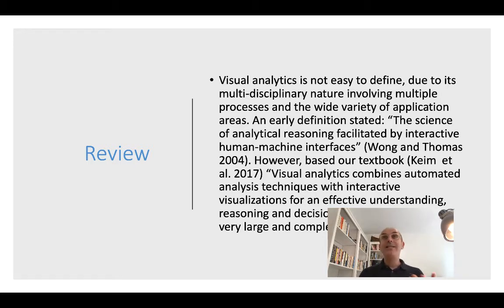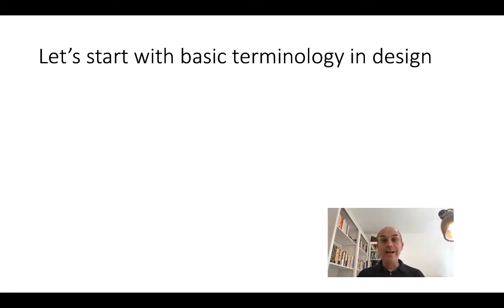Nowadays, when people talk about visual analytics, they also combine automated analytic techniques and the idea of interactive visualization, in order for us to better understand the data and better communicate it with us as humans. So this is the paradox that often entails visual analytics.